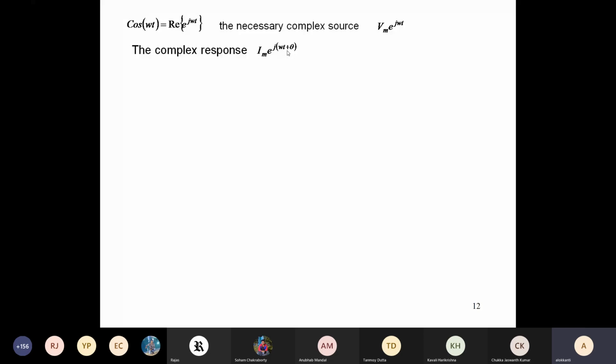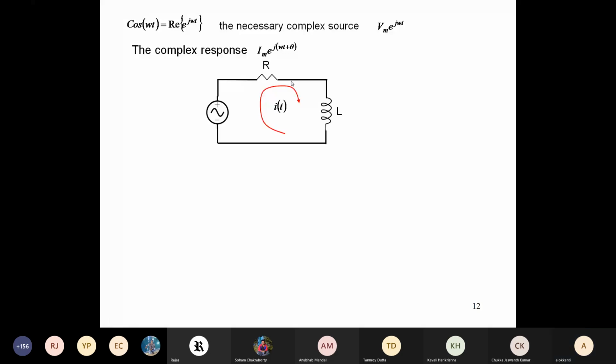So what we are actually doing is, if we have an RL circuit and we are giving it Vm times the real part of e^(jωt), giving cos ωt means it is basically the real part of e^(jωt).